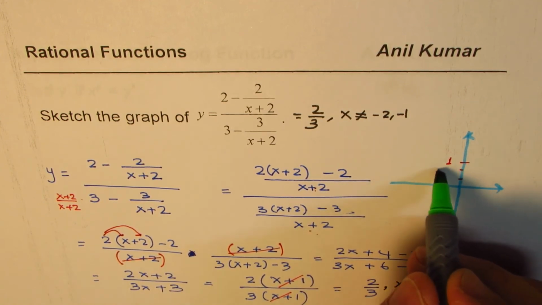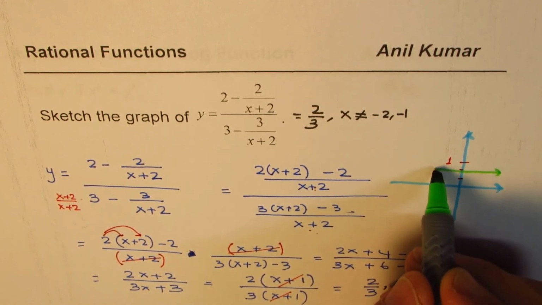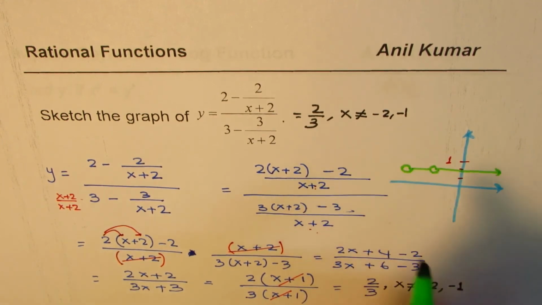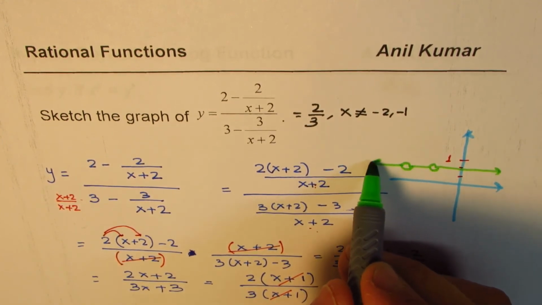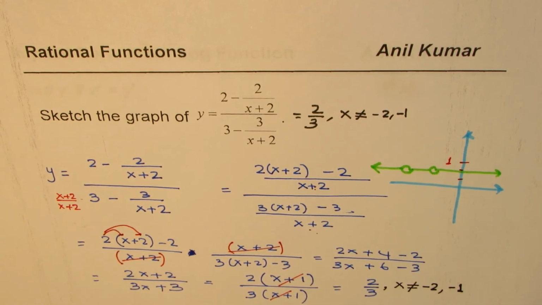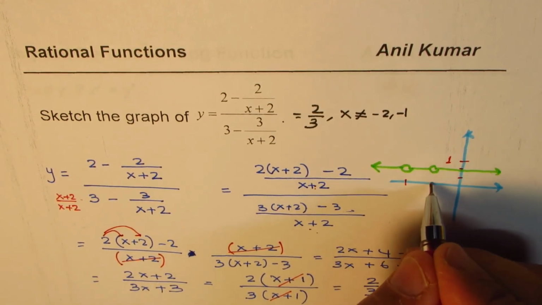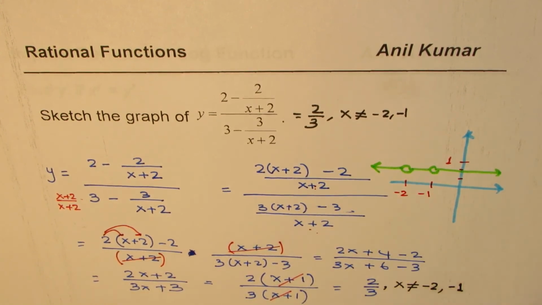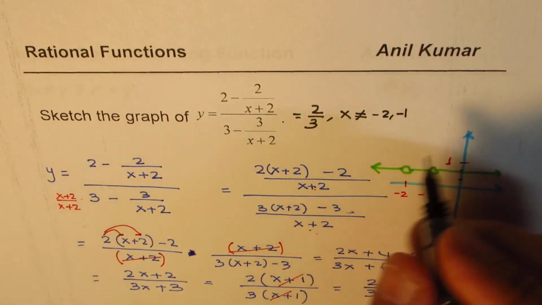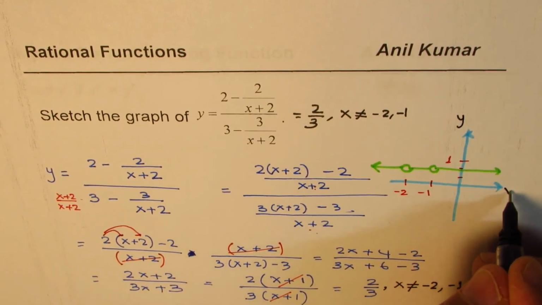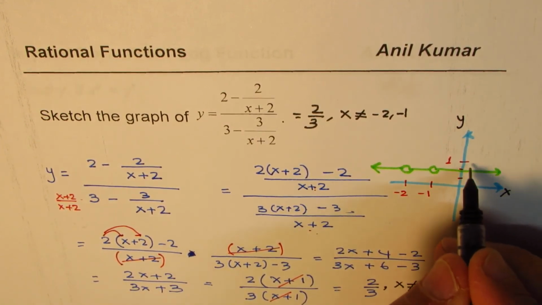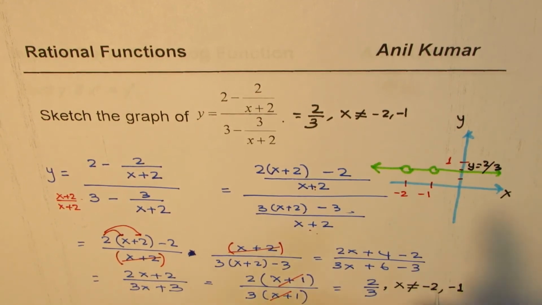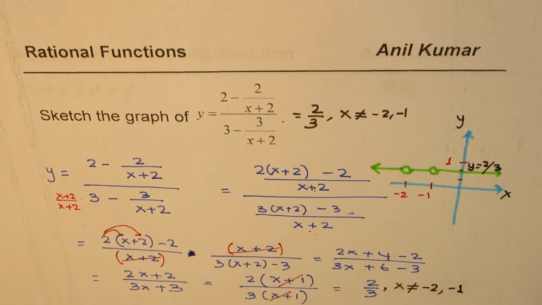So this basically is a line like this, okay, with a hole at minus 1 and a hole at minus 2, and then continuing like this. So these are the holes at minus 2 and minus 1 for the given function. Let me write y here and x here. You see that? And the constant value shown here is y equals 2 over 3.